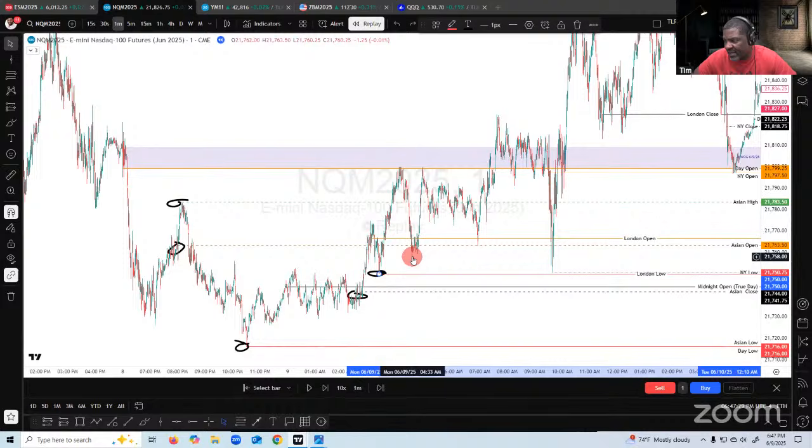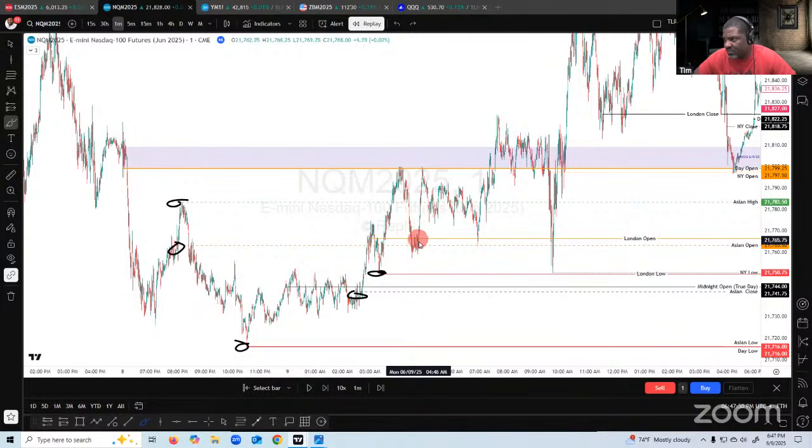And we drop back down halfway through the 4:30 hour, drop down below the London open, preserving the London low, and of course preserving these other lows. Then we rally back up, right?